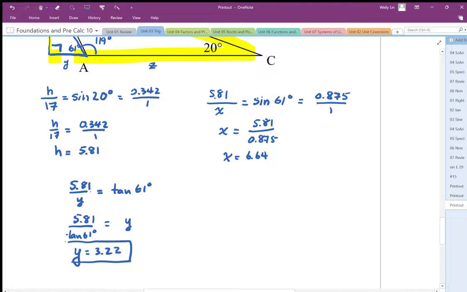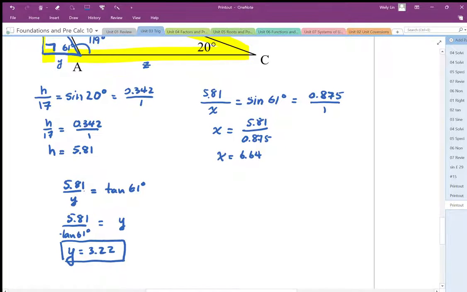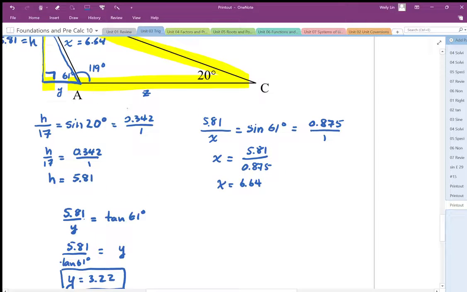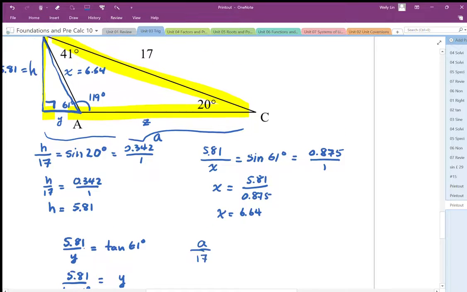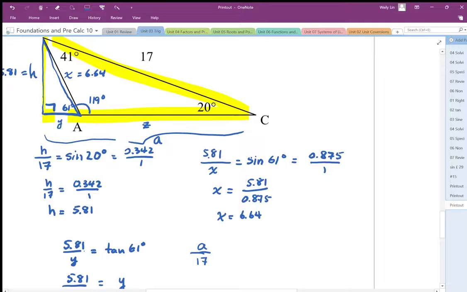I need to keep track of that because I need to calculate my y plus z value, and maybe I'm just going to use a variable for that. I'm going to call that side A, and we're going to use A over the hypotenuse of 17. I'm going to use the yellow triangle now. The whole length A, the adjacent side, divided by 17 is equal to, adjacent is cosine, so cosine of 20 degrees.